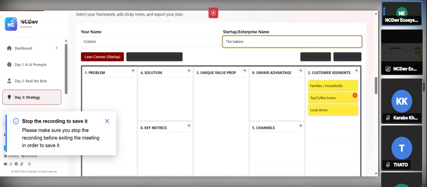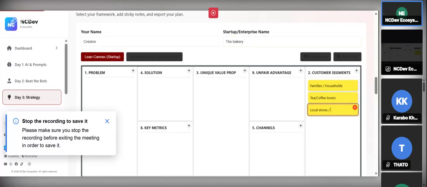So we've identified families, tea and coffee lovers, local stores, and also restaurants, right?